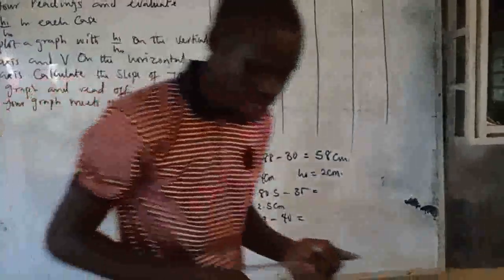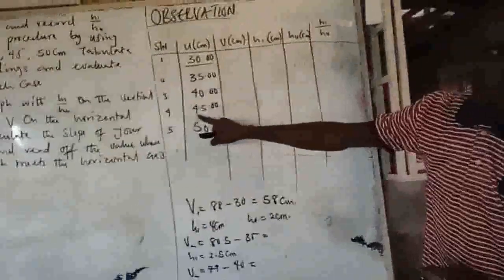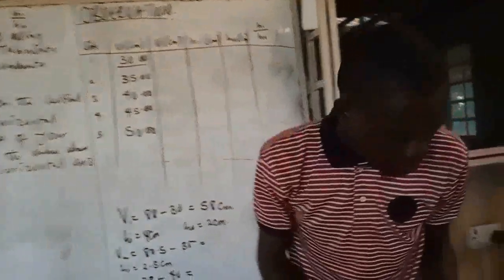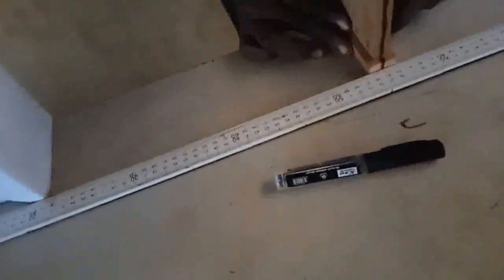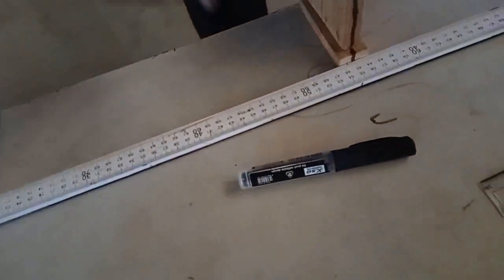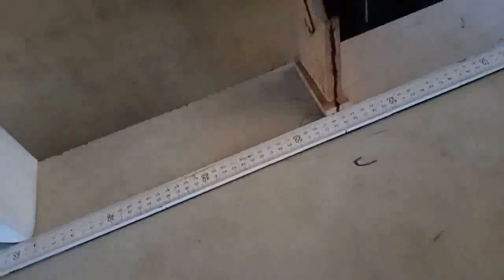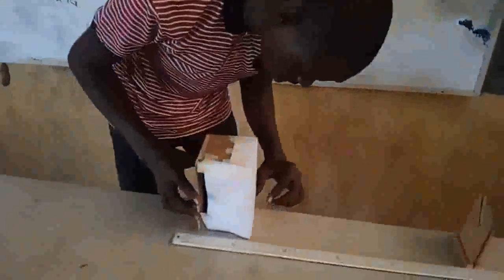Now, again, finding the distance, when the distance of the object is 45 centimeter, placing this at exactly the 45 centimeter mark, what will be the image distance? Take again your screen, move it until you get the sharpest image.